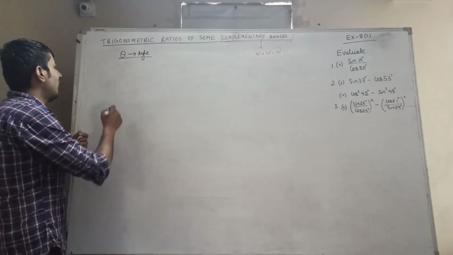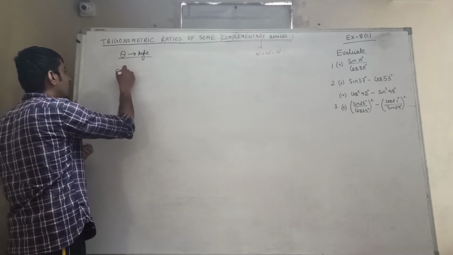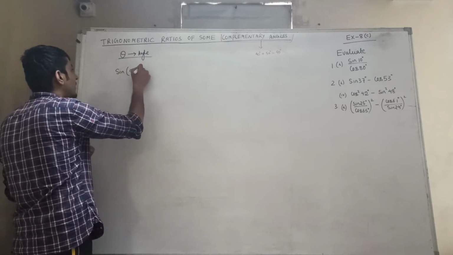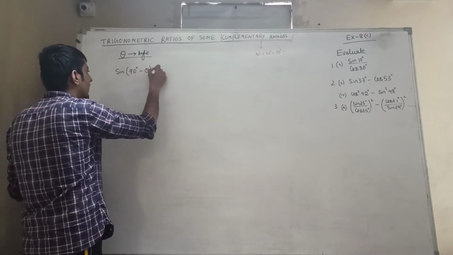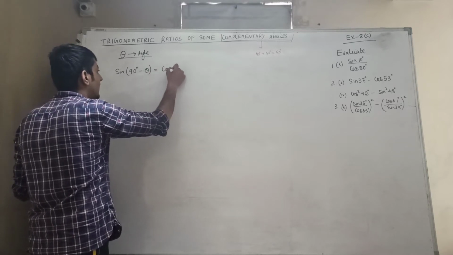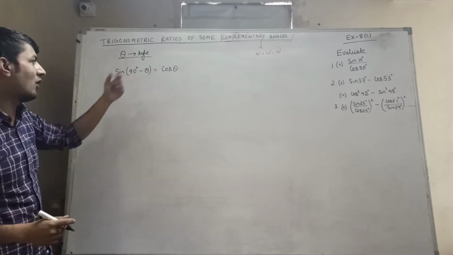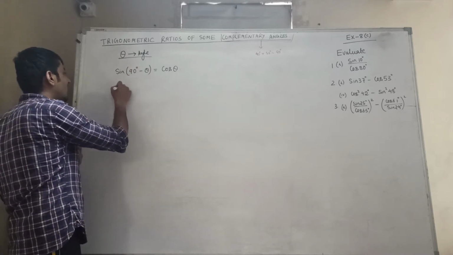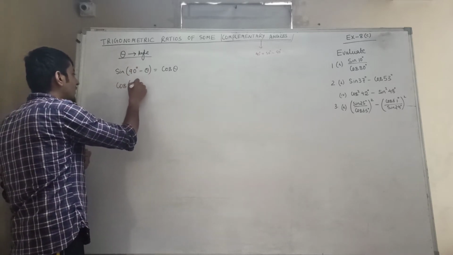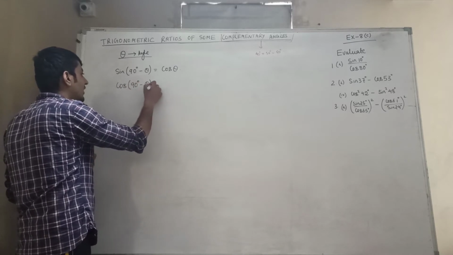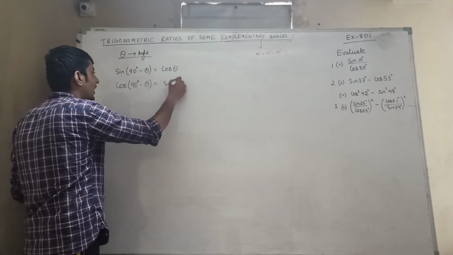Let me write down the first one. Sine of 90 degree minus theta will become cos theta. Then next, cos of 90 degree minus theta will become sine theta.